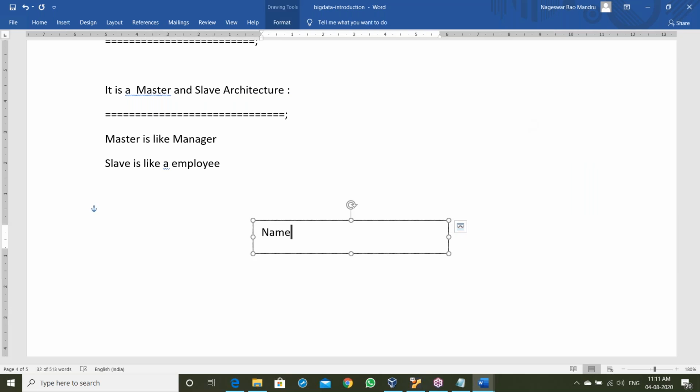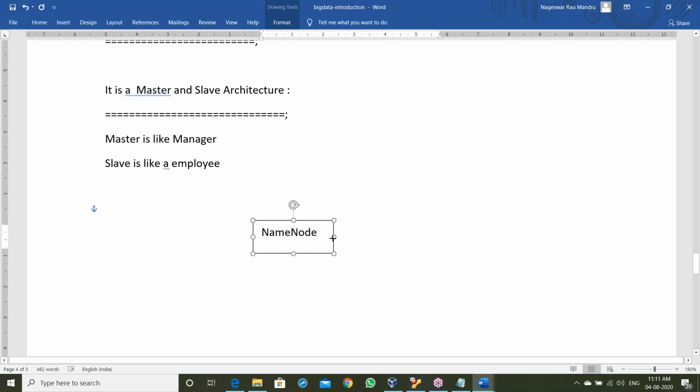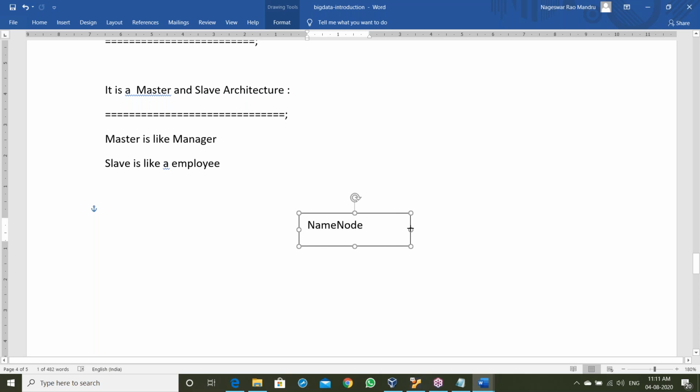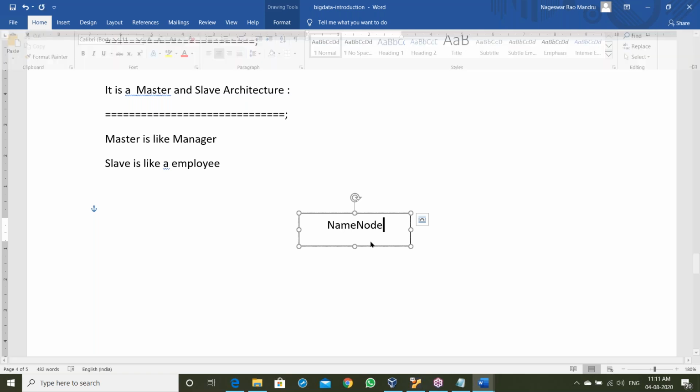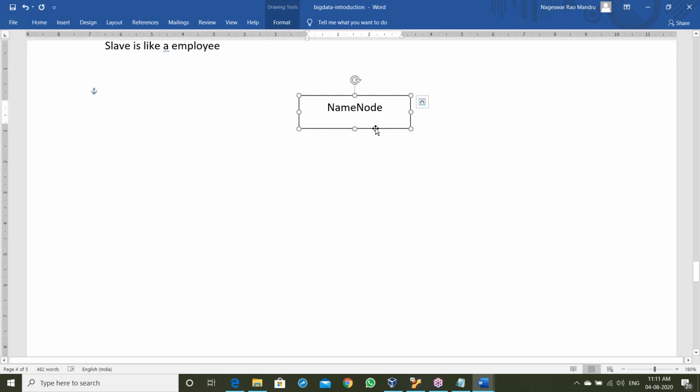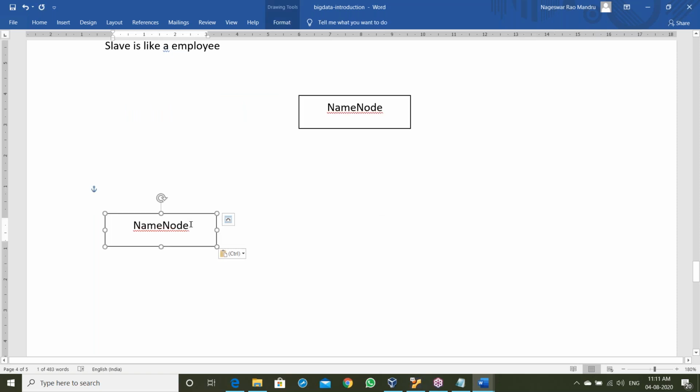Yes, master is the name node. Name node, it's a master. So the name node gives instructions. Next, slave nodes, yes, data nodes.